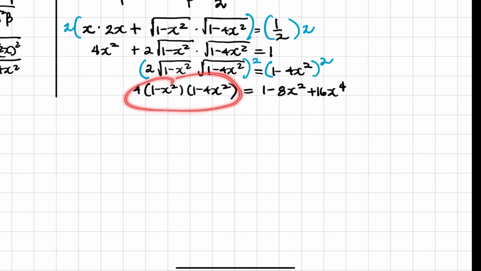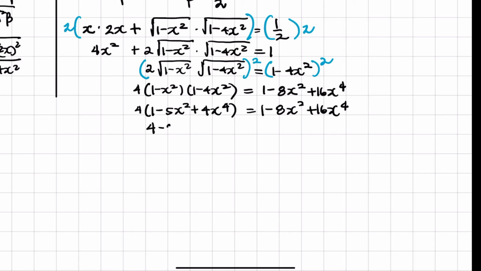Okay, gawin natin tong part na to. Anong lalabas dyan? 4 times 1 minus 5x square plus 4x raised to 4. Distribute 4. Okay, may combine like terms na lang ito. Ay, makakancel yon. Thank God. Okay, medyo dumadali yung buhay natin.